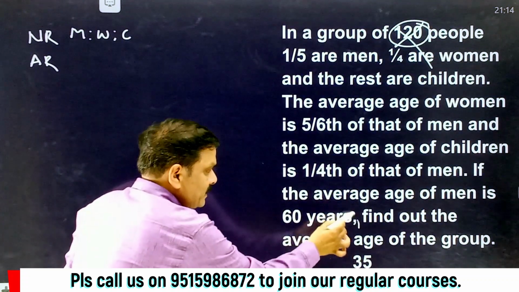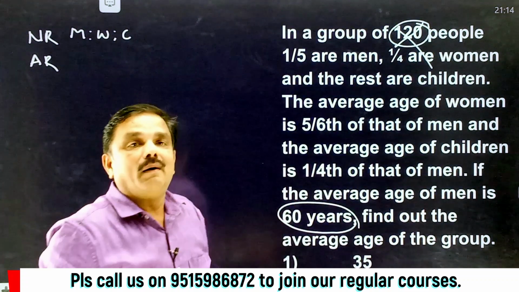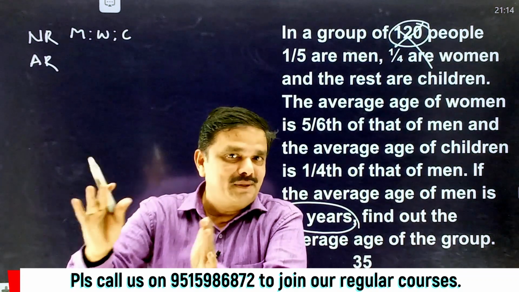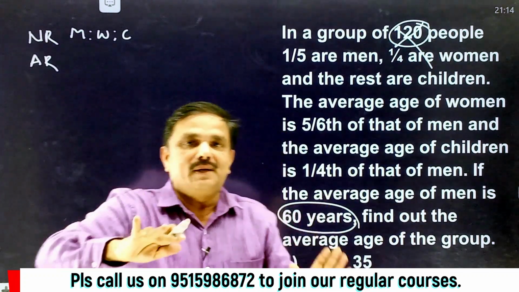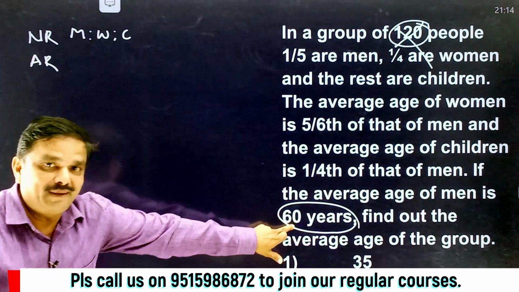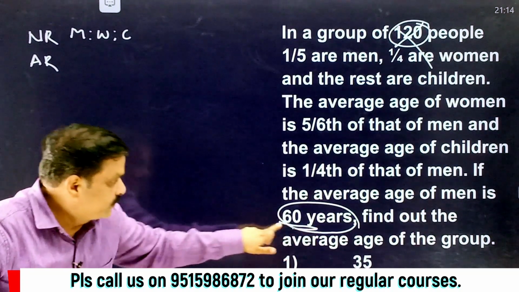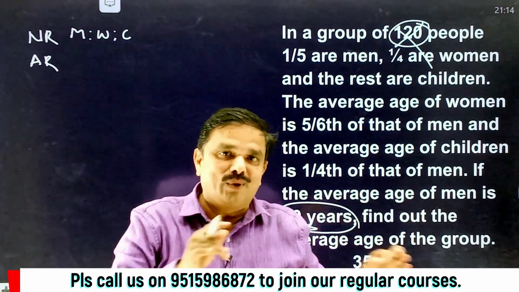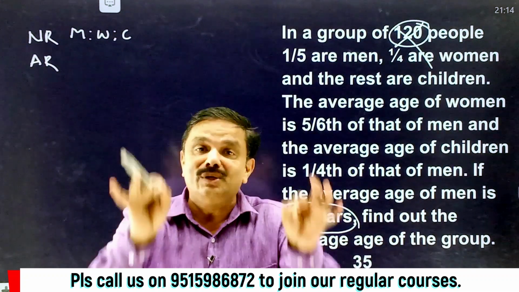Finally, the actual number is given here: the average age of men is 60 years. By using imaginary numbers, I go further up to this extent. After that, I am going to use this 60 years and merge the imaginary numbers with this 60 to get the answer by using the unitary method.